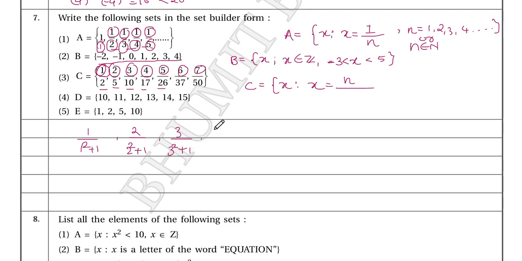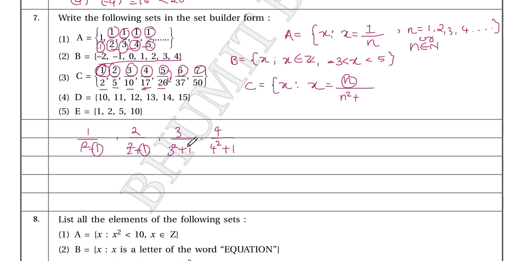So you can see the pattern. Whatever the numerator is, the square of the numerator plus 1. 4 square is 16, 16 plus 1 is 17. Similarly here 5 square is 25, 25 plus 1 is 26. So what we can write is, if the numerator is n, then the denominator is n square, and plus 1 is fixed here.